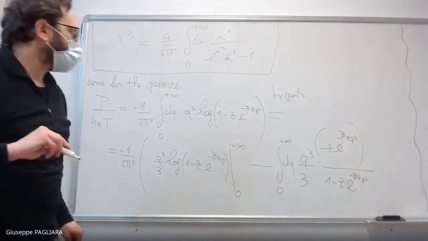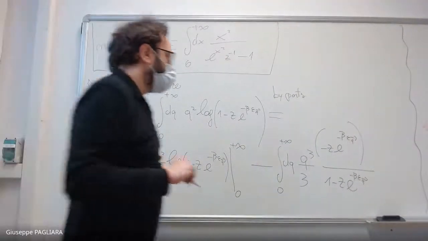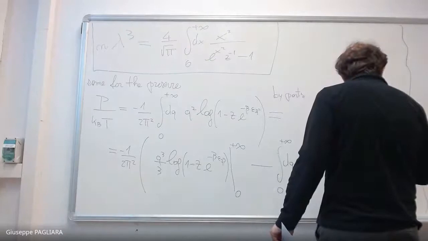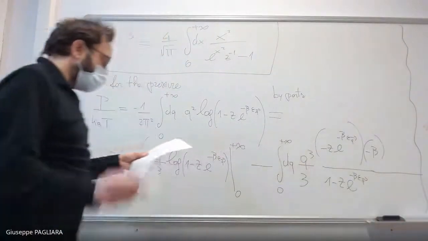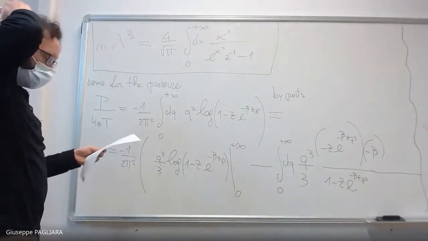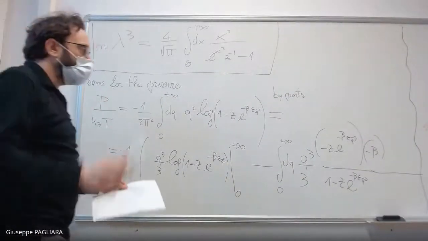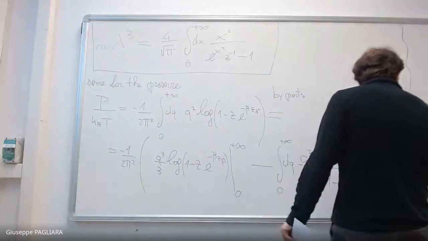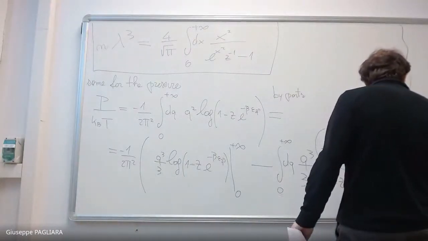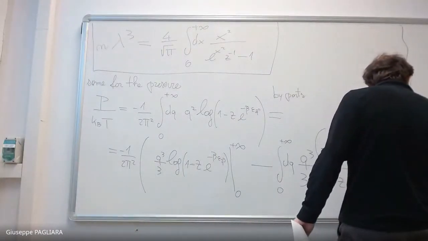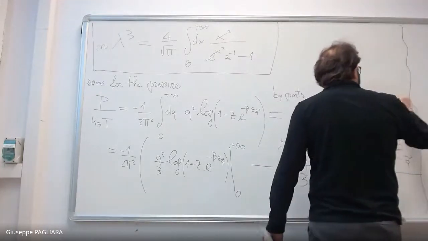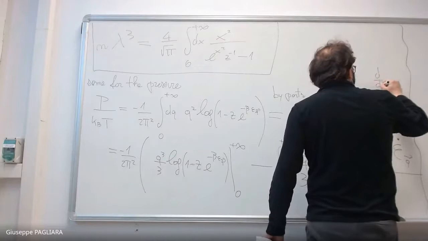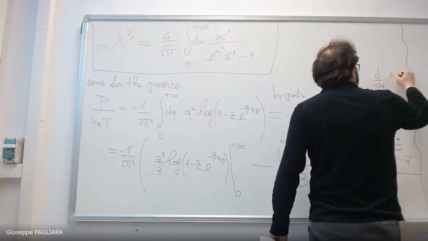Then I have an additional minus beta factor, and then the derivative of epsilon q with respect to q.